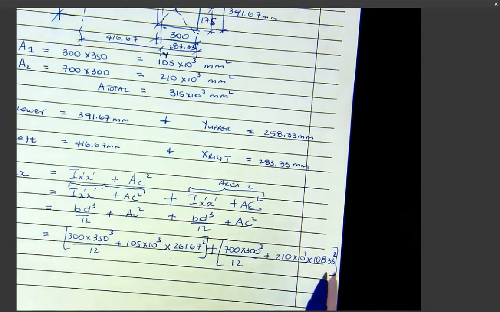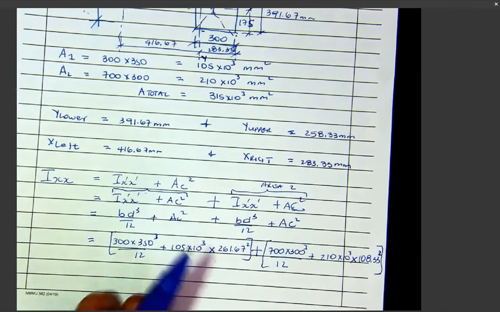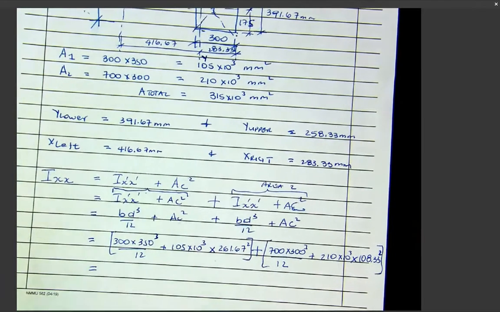I've seen students making a mistake forgetting that squared, then obviously the answer is going to be incorrect. So let's do it. 300 times 350 cubed divided by 12 plus 105 exponent 3 times 261,67 squared.